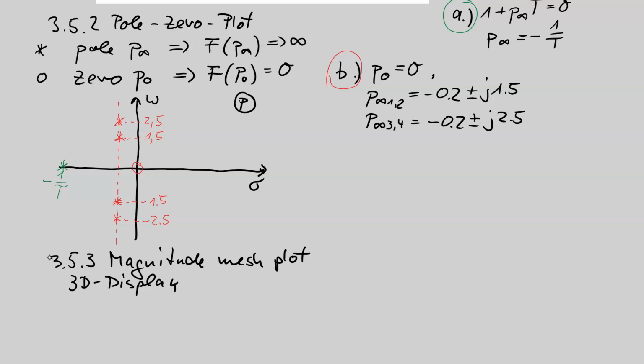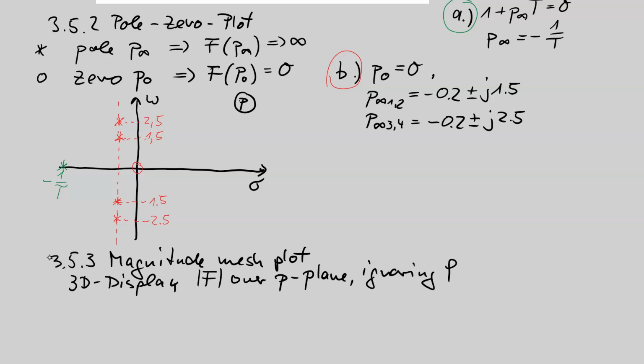Yeah, 3-dimensional display. What is with the 4th dimension? Very simple. I display the magnitude value over the p-plane, ignoring the phase. Yeah, I throw away all information dealing with phase.